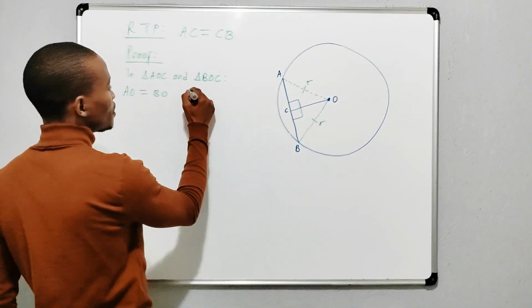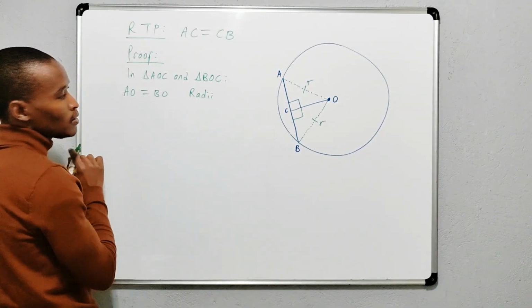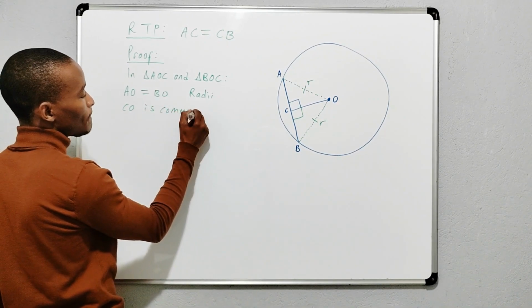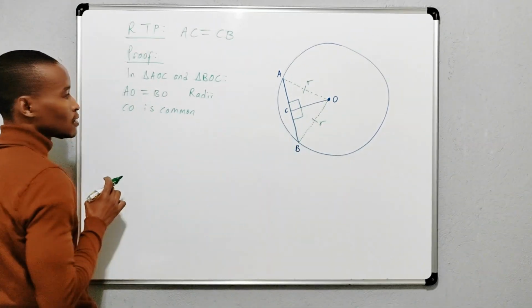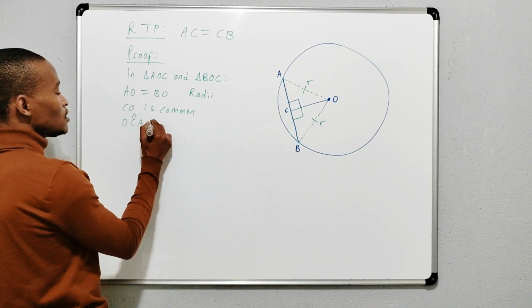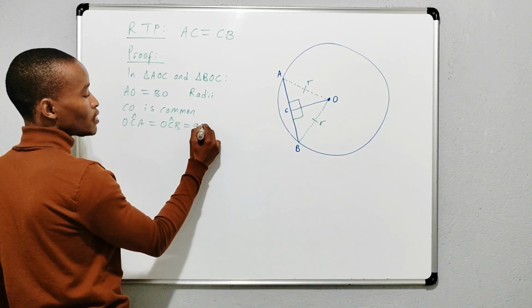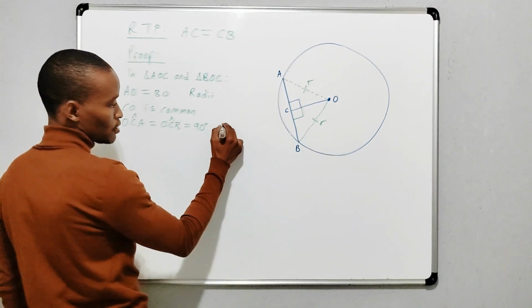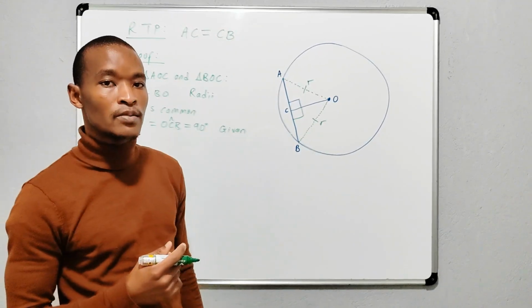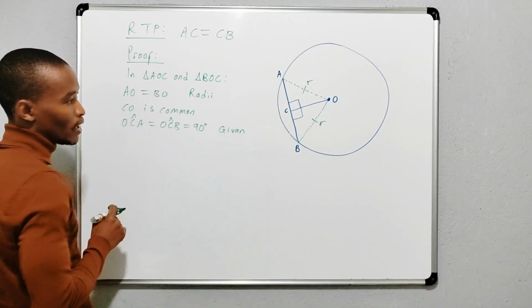So by construction, we have radii, okay, and then CO is common, okay, that's a line from center, and we know that angle OCA is equal to angle OCB. Both are equal to 90 degrees. That was given from the information provided before we constructed. Okay, so we leave it there. It's a given information item.